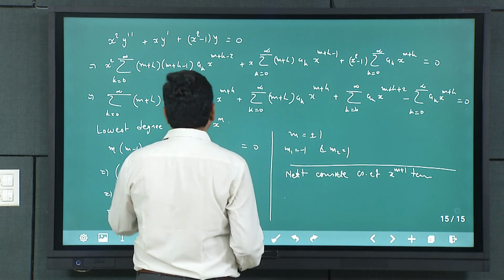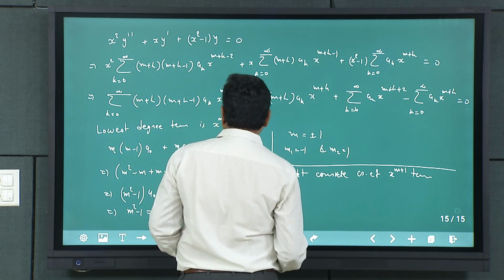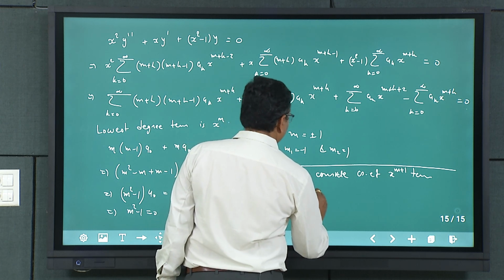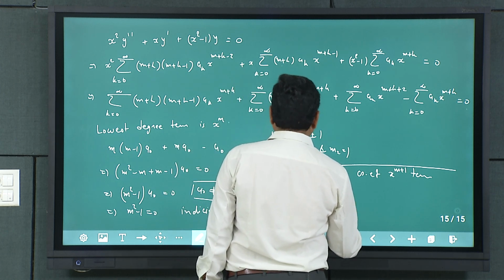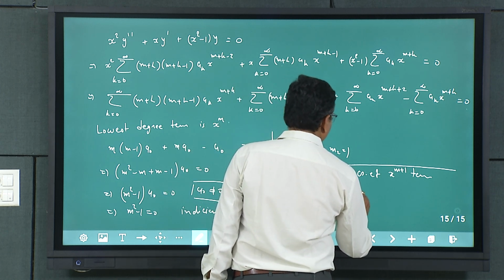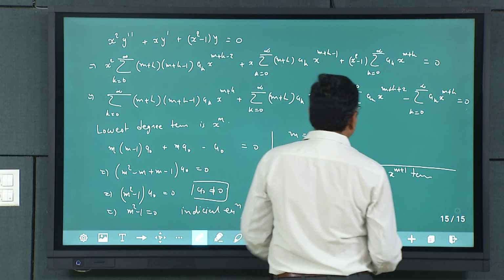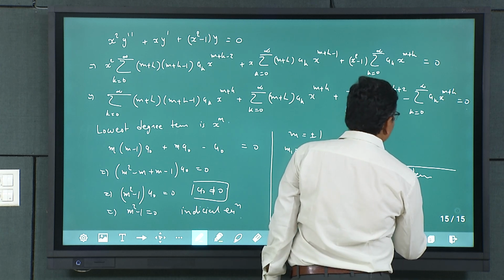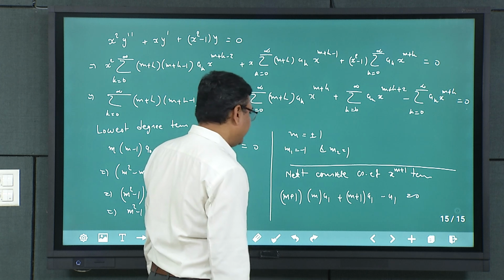Okay, so coefficient of x raised to power m plus 1, so we take k is equal to 1, so m plus 1, here m a1 plus m plus 1 a1, right. અહીંયા આવશે માઇનસ a1, this is equal to 0, right.